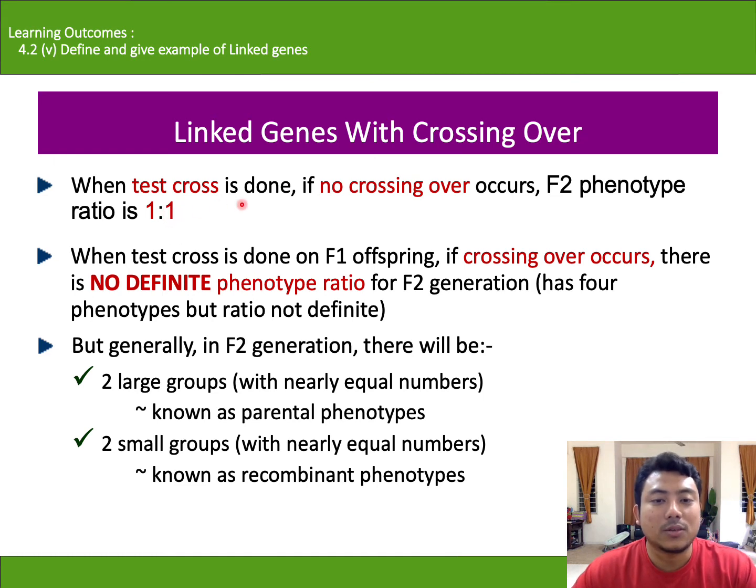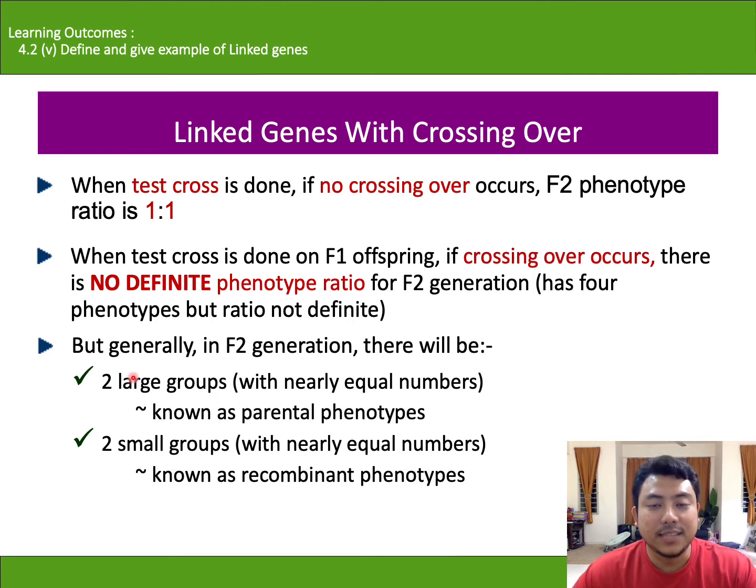When we do a test cross, if no crossing over occurs, the F2 genotype ratio is 1:1. And remember, when we do a test cross, it means we are crossing it with a homozygous recessive. And when the test cross is done on F1 offspring and crossing over occurs, there is no definite phenotype ratio for the F2 generation, i.e. it will have 4 phenotypes, but the ratio is not definite, meaning we cannot plan out an actual nice ratio for them.